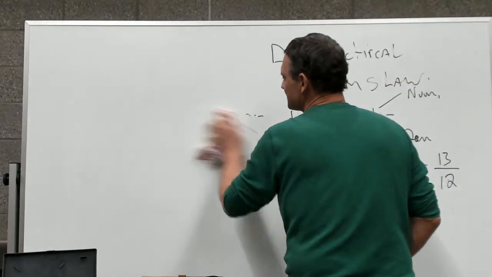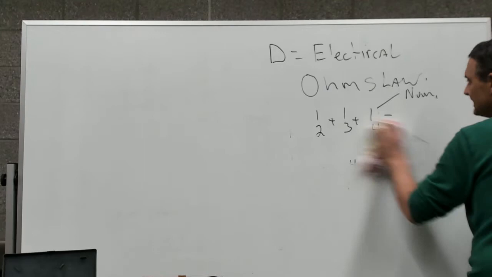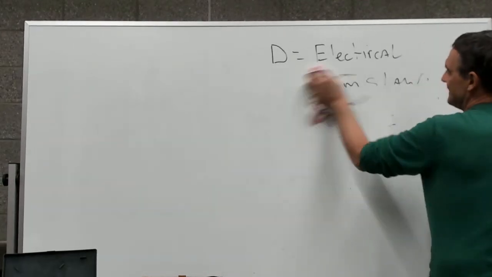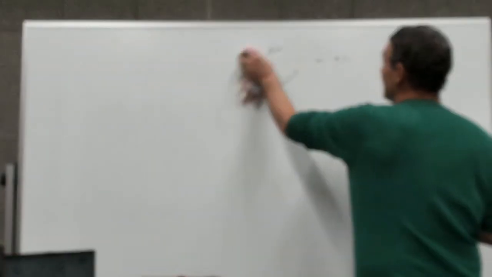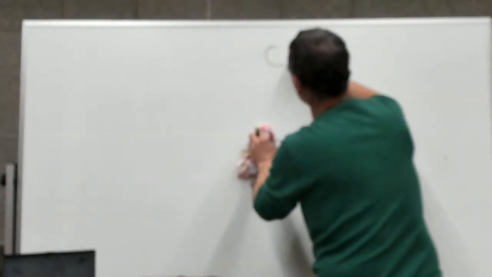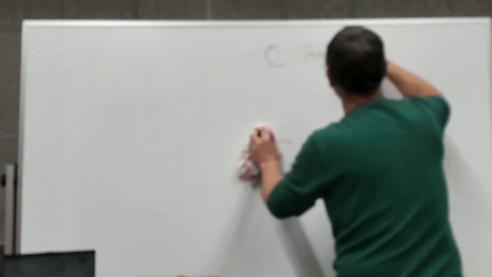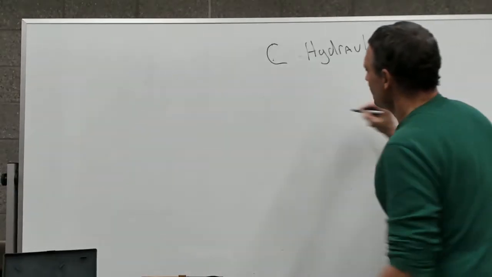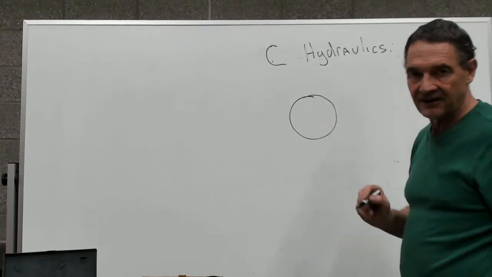Another one that you would be dealing with, and I'm only going to go into two today, is figuring out the area of a circle. This is for Pascal's law, in hydraulics, which is C-line. Another favorite, hydraulics. C-line dictates that you have to be able to tell me the area of that circle.